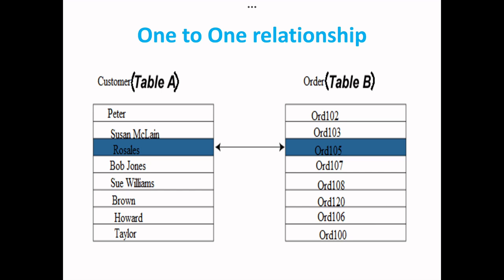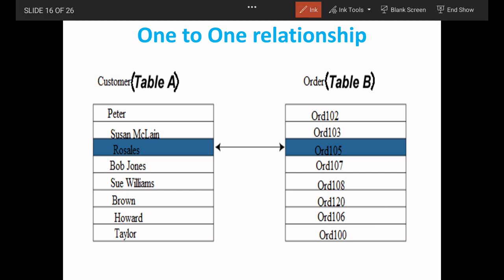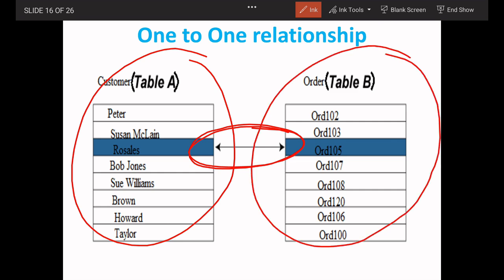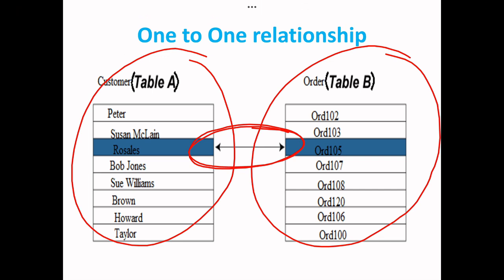Okay, if you know a little bit about DBMS, you can see that this is the one-to-one relationship between 2 tables. This is table 1 and this is table 2. So between 2 tables you can start a relationship. Okay, with the help of a primary key you can fetch the data, with the help of a foreign key you can also connect.